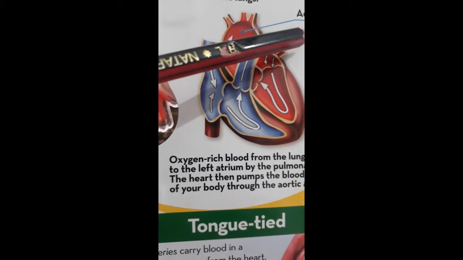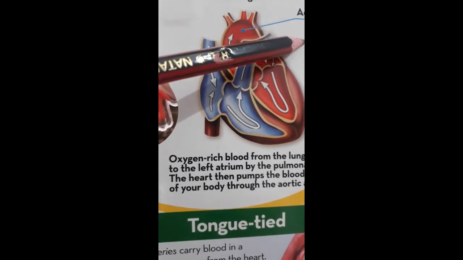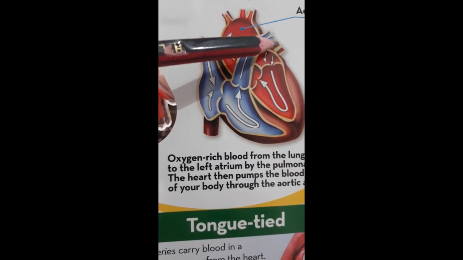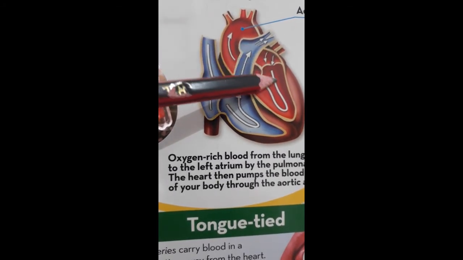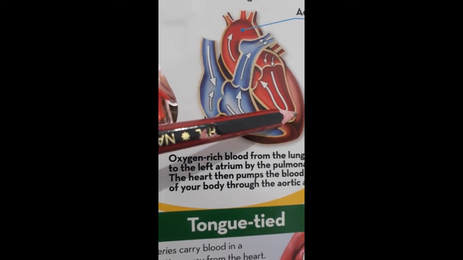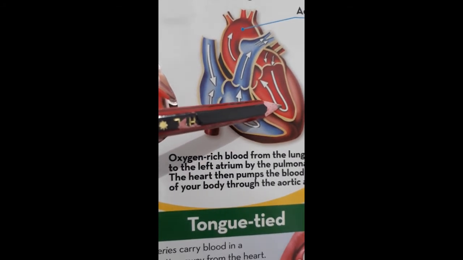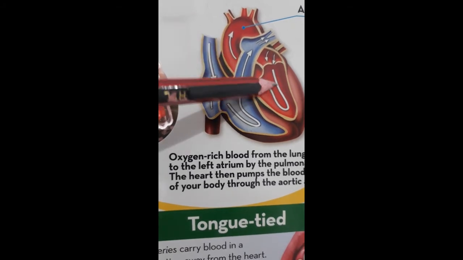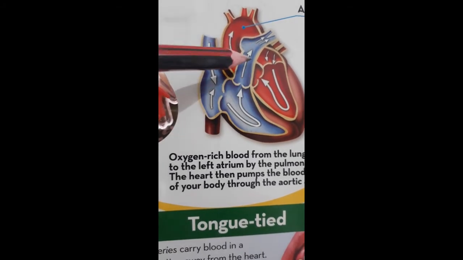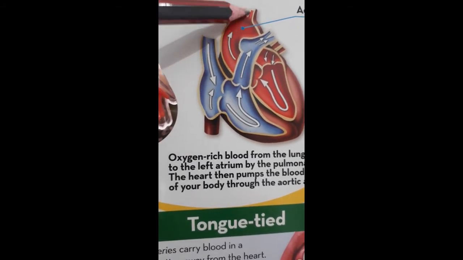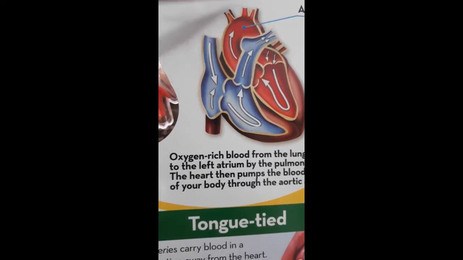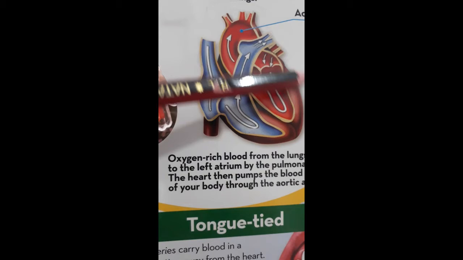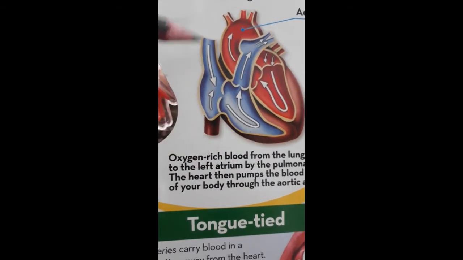And the oxygen rich blood enters the heart through the pulmonary vein and enters the left auricle, then the left ventricle through the bicuspid wall, and it is sent to all parts of the body through the blood vessel called aorta. This is the internal pathway of the blood inside the heart.